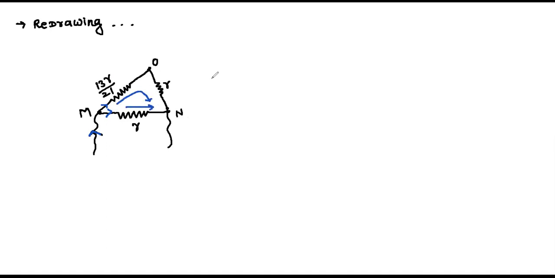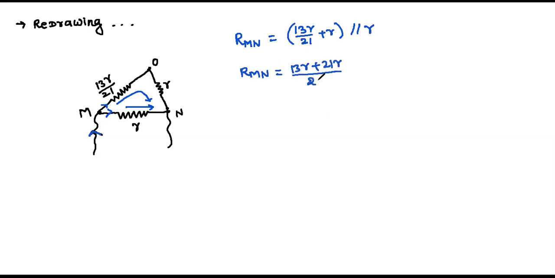So the resistance across this MN: RMN is equal to 13R by 21 plus R, which is in parallel with R. So therefore RMN is equal to 13R plus 21R divided by 21, in parallel with this R.